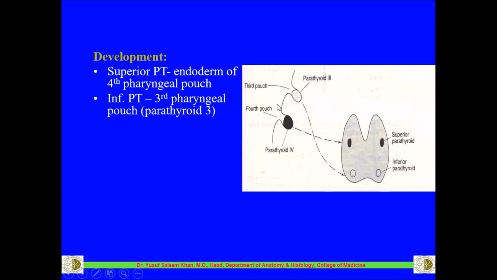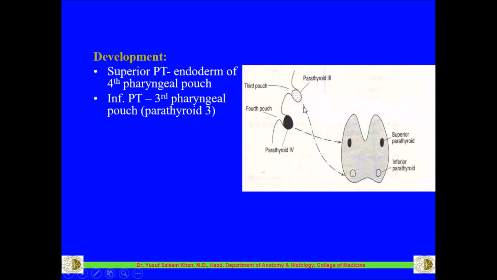It is supposed to be that the third should give rise to the superior parathyroid, and the fourth should give rise to the inferior parathyroid. But it is reversed here. The fourth will be giving rise to the superior parathyroid, and the third pouch will be giving rise to the inferior parathyroid.